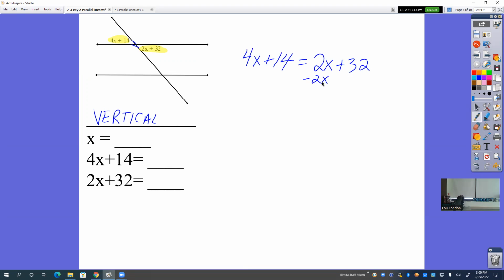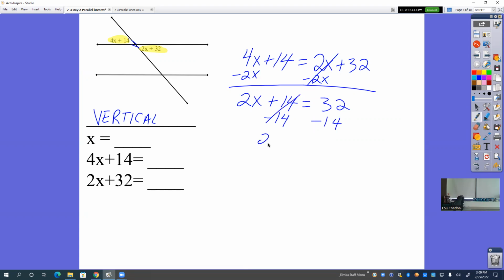Cancel out the smaller variable by subtracting. 2x plus 14 equals 32. Subtract 14 from both sides. 2x equals 18. Divide both sides by 2. X equals 9.